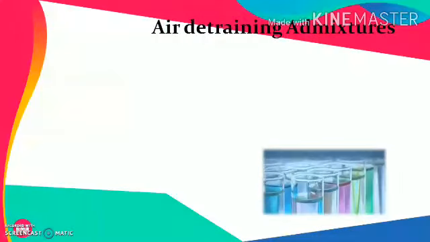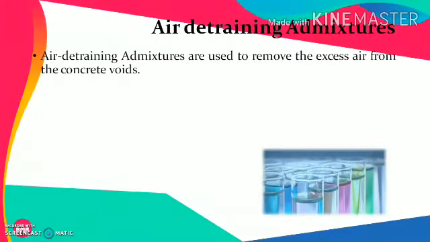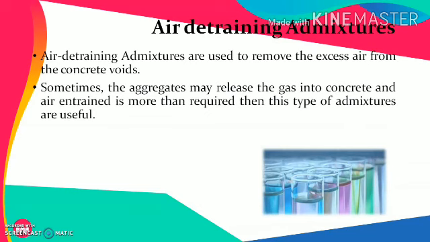Next is air detraining admixtures. Air detraining admixtures are used to remove the excess air from the concrete voids. Sometimes the aggregates may release gas into the concrete because of a certain chemical reaction, either with the admixtures added or between the cement and the aggregate, because of its original chemical composition and the nature of the ingredients in it.